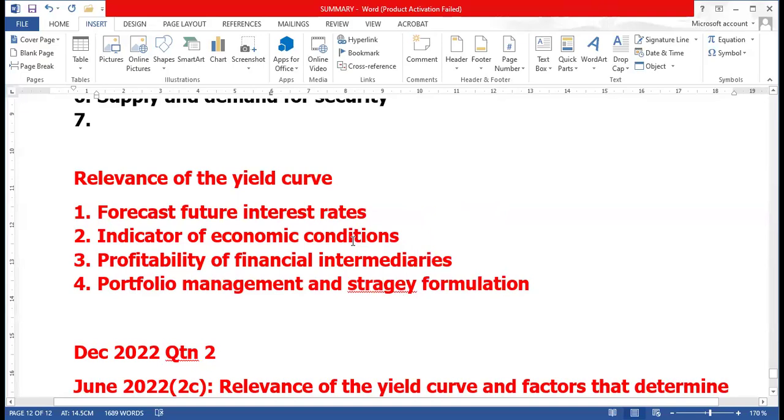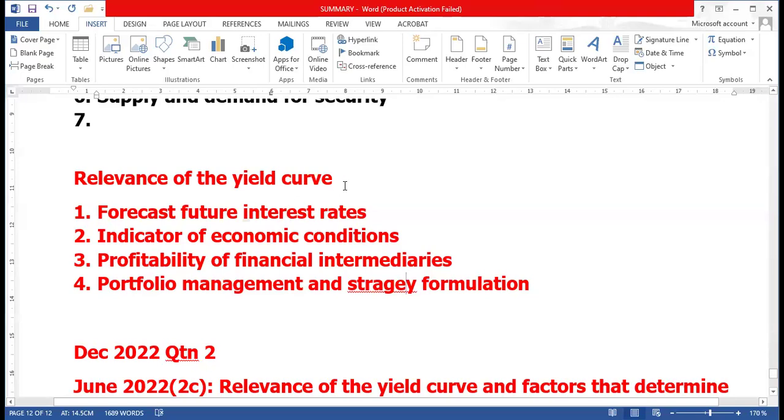Then issues of monetary policy and economic management. Central banks will rely on this, because central banks influence short-term interest rates through monetary policy tools. These changes affect the yield, which in turn impacts borrowing costs, investment, and even consumption.